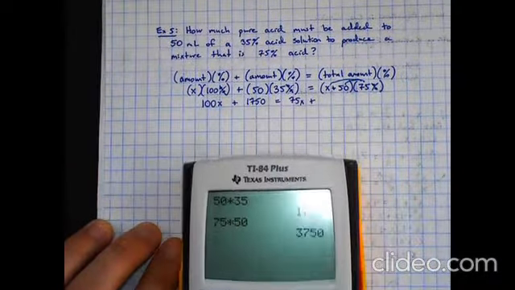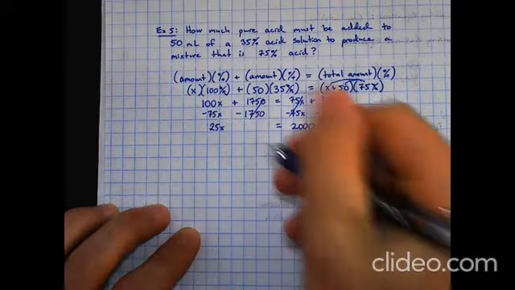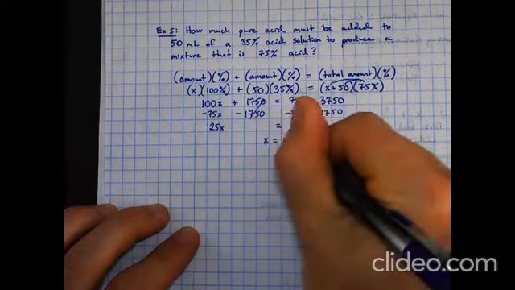And now it's just a simple algebra problem. Let's solve for x. So I'm going to subtract 75x. I'll get 25x, and let's subtract 1750, and we'll get 2000. Divide by 25, x is 80.